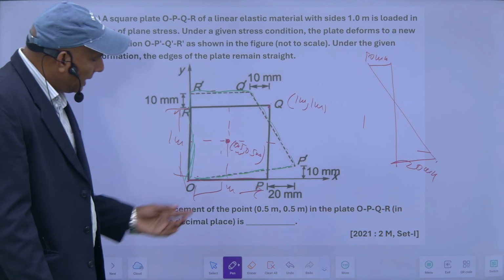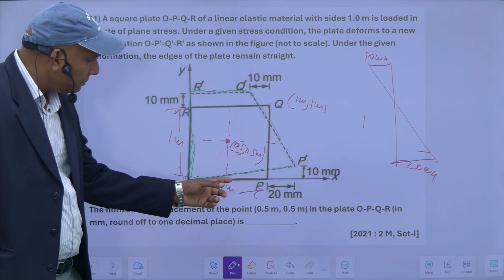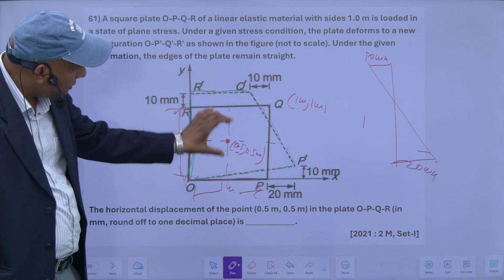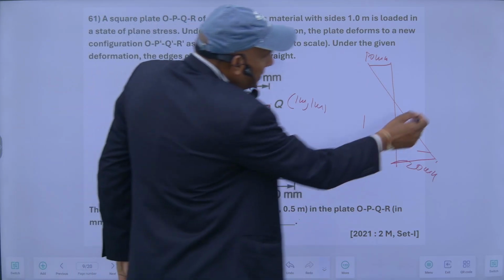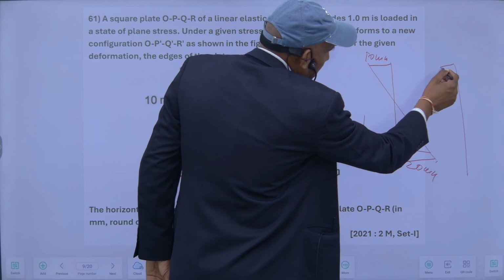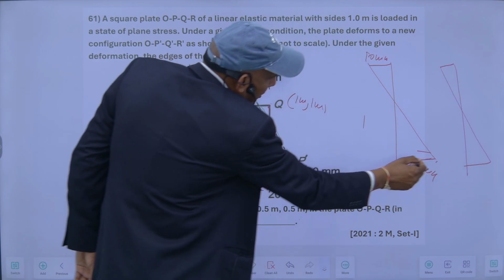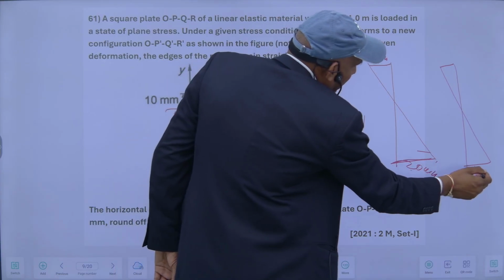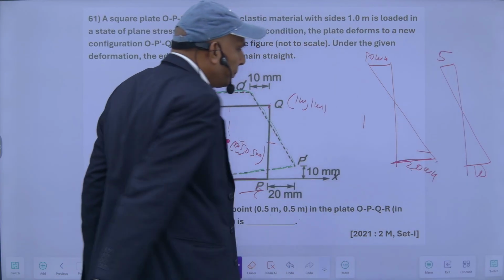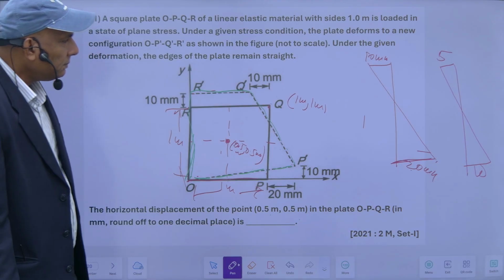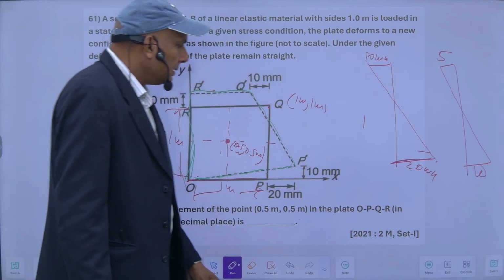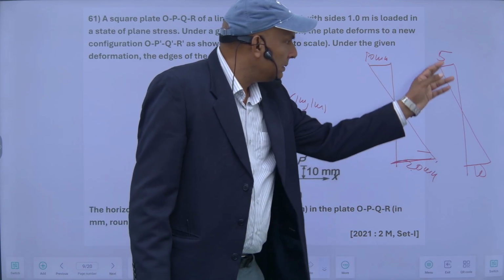So this is when you take the whole length of 1 meter. If I take half of this, suppose 0.5 meter and this is also 0.5 meter, it will be like this. This will also be proportionally half: 20, this will be 10, and this is 5.